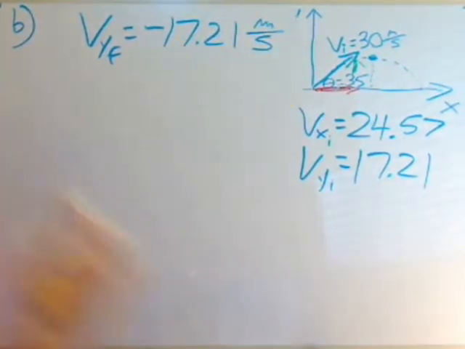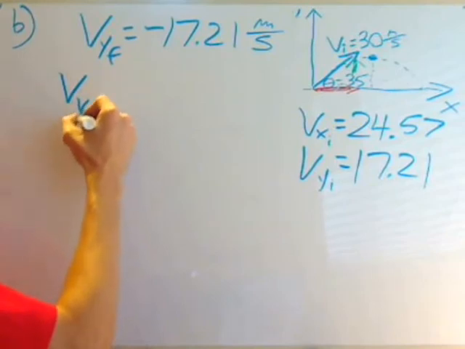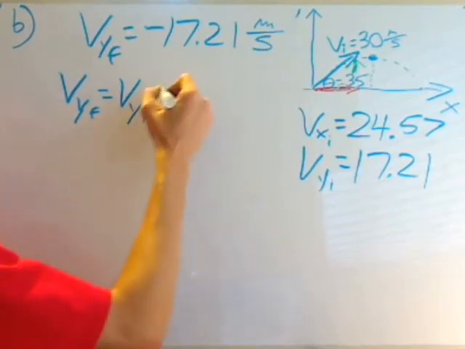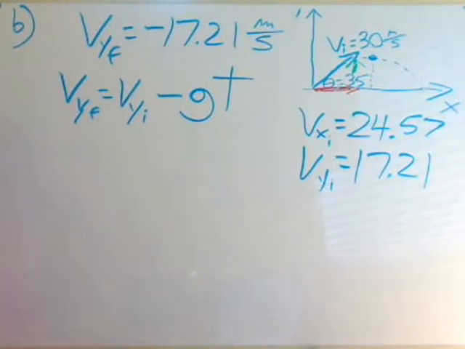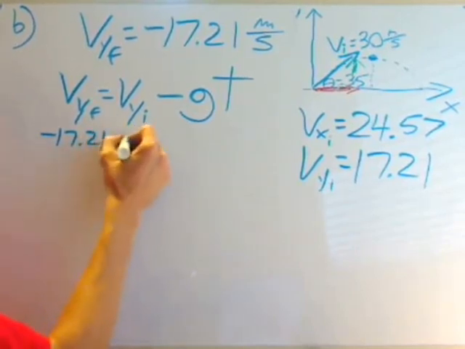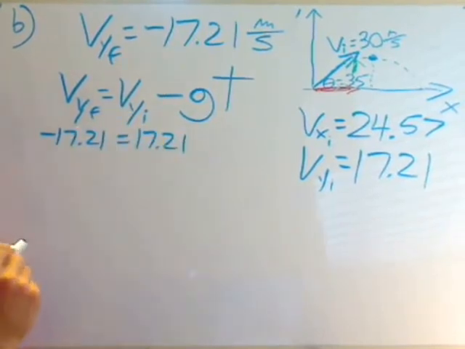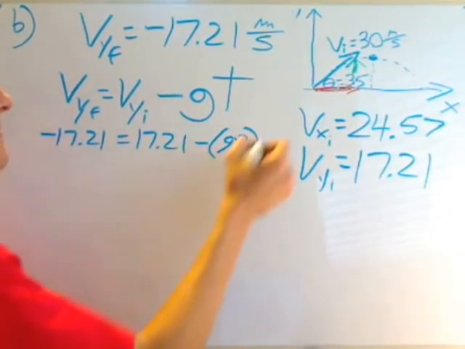If we want to know how long it is in the air, all we have to do is use our simple equation that relates velocity and acceleration. Vy final equals Vy initial minus gt. That's our expression for the y velocity in terms of acceleration. So we plug this in: negative 17.21 is the final y velocity, 17.21 is the initial y velocity, minus g, which is 9.8, times time.